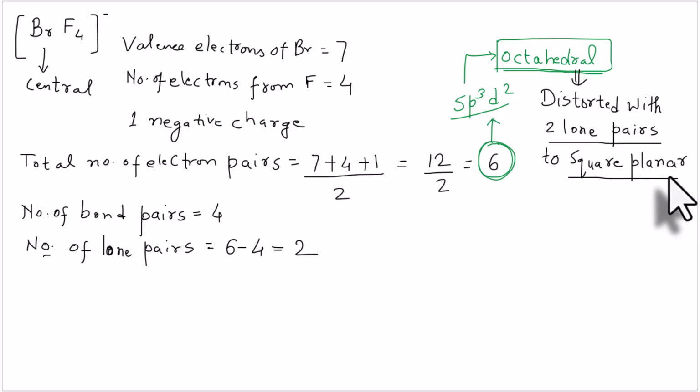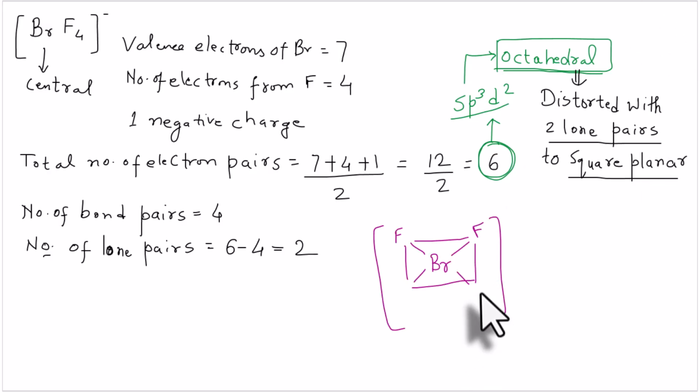So let's try to draw what the shape of this molecule should be. We have drawn a square planar shape, with bromine in the center and at the 4 corners of the square planar structure, we have the fluorine atoms connected to bromine. So this is the square planar molecular shape of this compound.